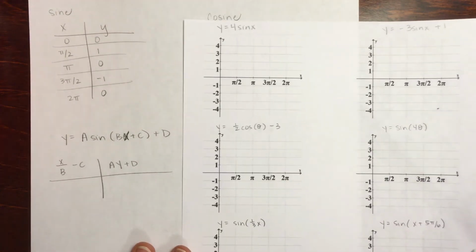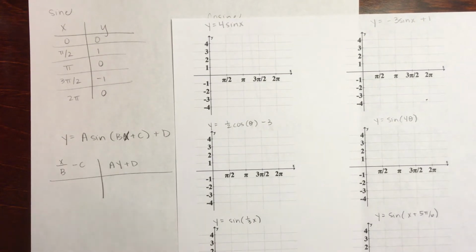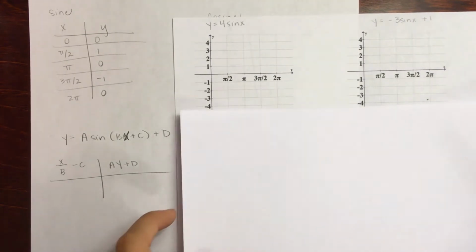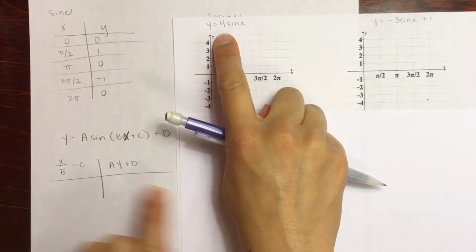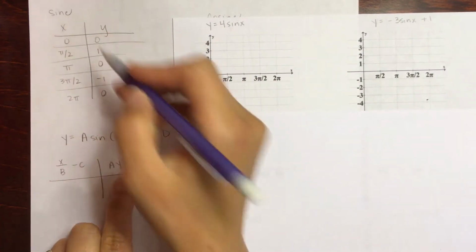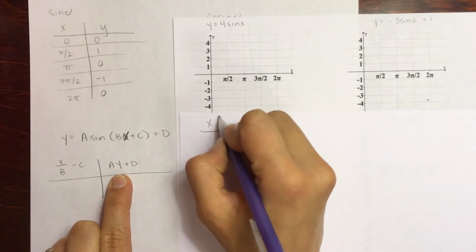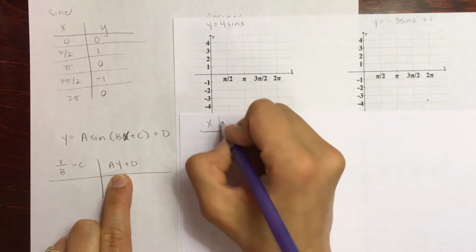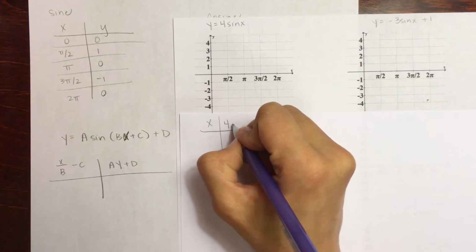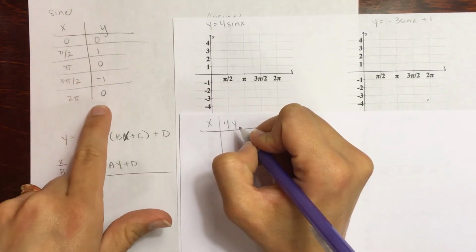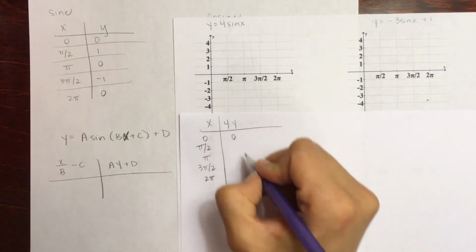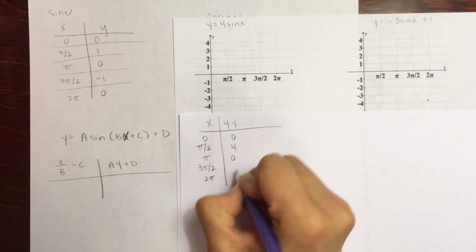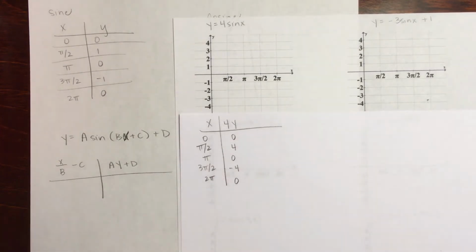Let's do some examples. All right, let's graph by hand y equals 4 times sine x. So we take our basic sine function. There's a 4 in front of it. That's an a value. So I'm going to use my x value straight up because there's nothing in my parentheses. But I have a 4 in front of my sine, so I'm going to take these numbers here and multiply them all by 4. 0 times 4, 1 times 4, 0 times 4, negative 1 times 4, and 0 times 4.